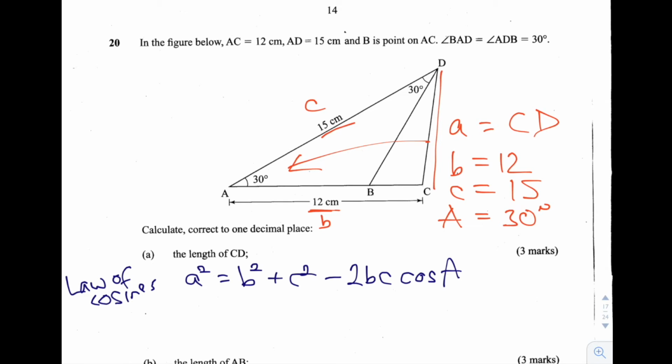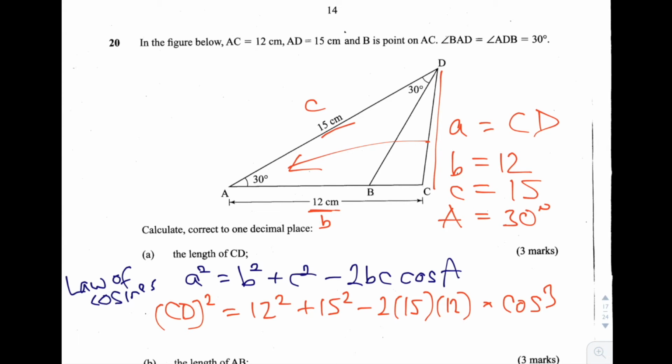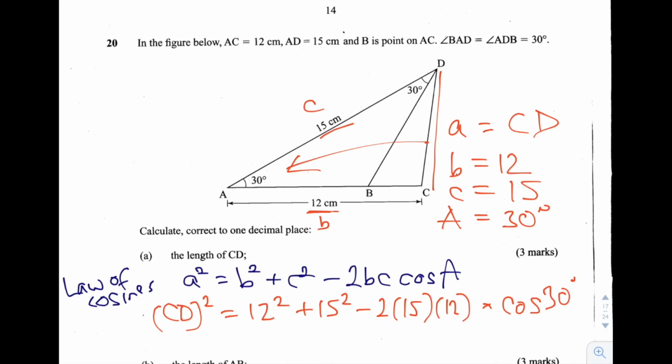So we're going to write CD squared is equal to 12 squared plus 15 squared minus 2 times 15 times 12 multiplied by cos 30. That 15 here is the c, the 12 here is the b. Since this is a calculator paper, you can put this into your calculator and see what you get for CD squared.